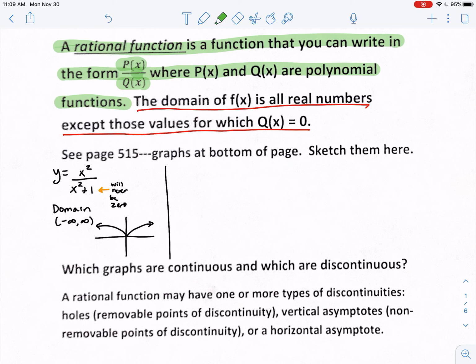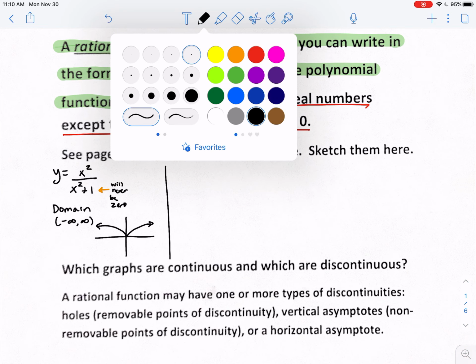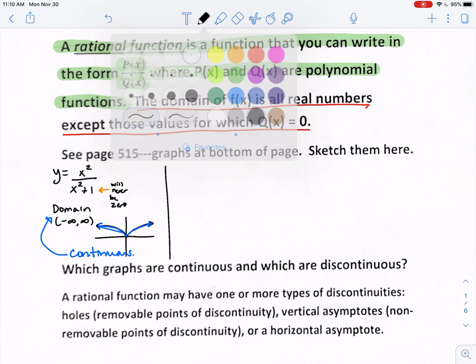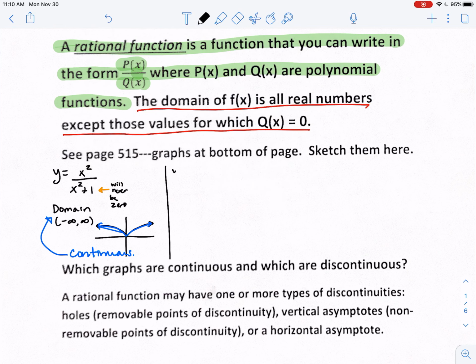If I can trace this, I'll trace it in blue, without lifting my pencil, it's continuous. Okay? It's going to be continuous if you have a domain that is negative infinity to infinity. Okay? All right, let's take a look at another equation.